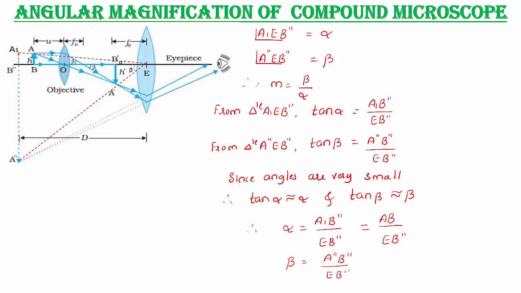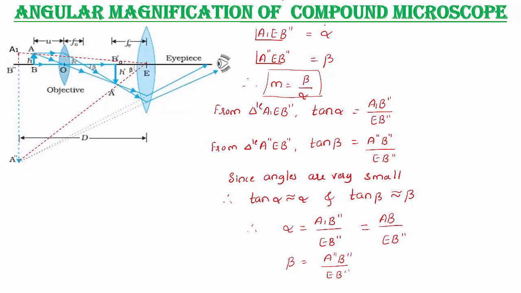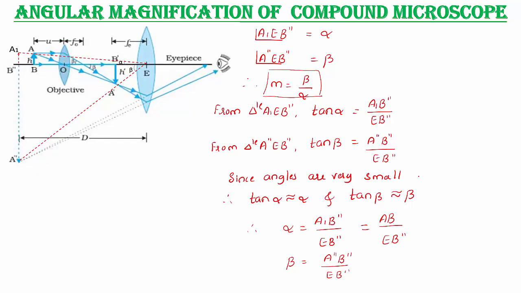Now we got the value of alpha and beta. Now substitute alpha and beta value in the angular magnification equation, that is m equal to beta divided by alpha. So therefore m equal to, what is the value of beta? Beta is A double dash B double dash divided by EB double dash, into, alpha value is how much?